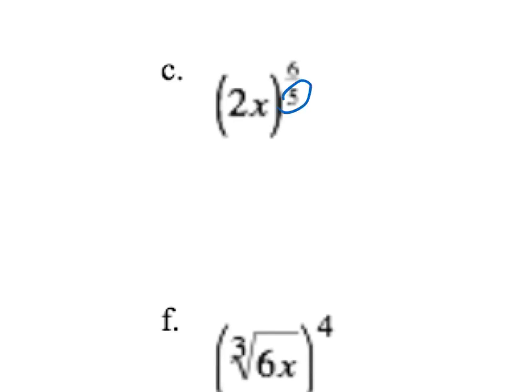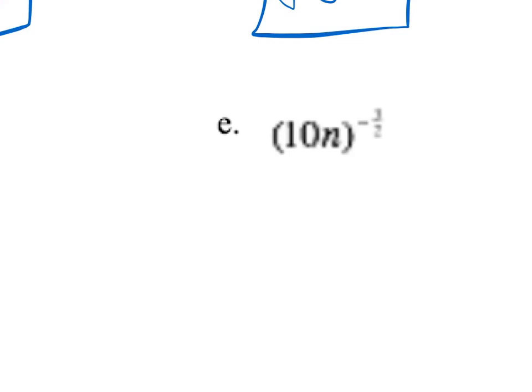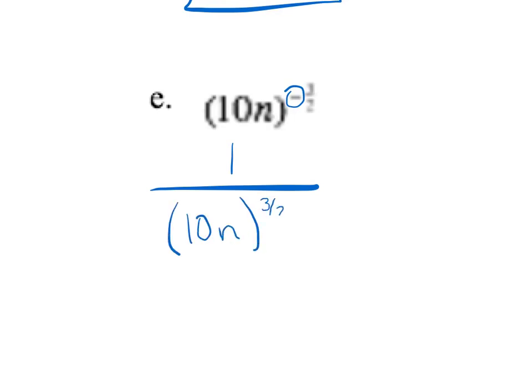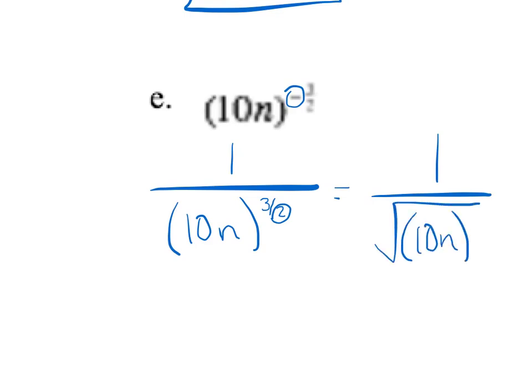This one's got a 5th root, and then 2x to the 6th. You can just leave it like that. This one has a negative, so that's going to go under 1. This is going to be 1 over, and then this is a square root. Okay, and then 10n to the 3rd.